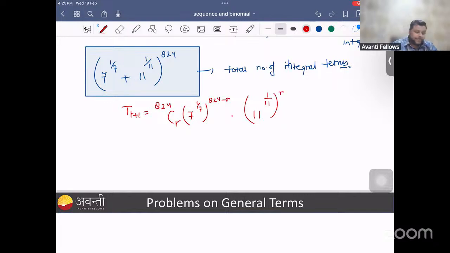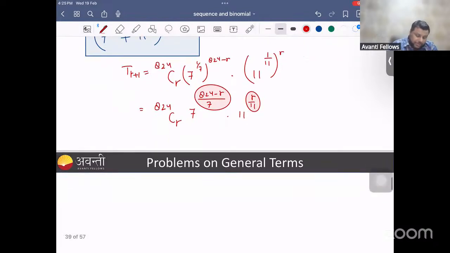This will come, that is 824Cr 7 to the power (824 minus r) by 7, 11 to the power r by 11. Now for the term to be integral, this power should be integral as well as this power should be integral. Yes or no?